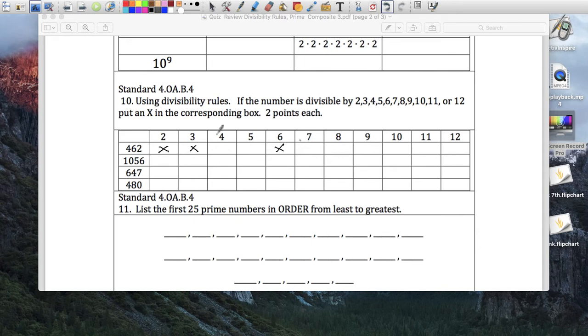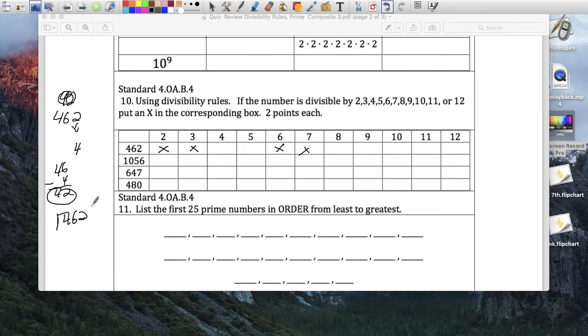7. Double the last number. So for 7, the trick is, we haven't done 7, you double this number, which is 4, and subtract from 46. So 46 minus 4 is 42, so that's definitely divisible by 7. So 7 is a yes. 8, you look at the last 3 digits.